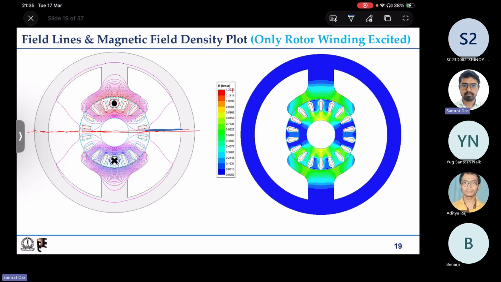So what is our reluctance? Suppose we have some flux line. Say this is surface 1 and this is surface 2, and we have some flux line between these two surfaces. Say it is like this.